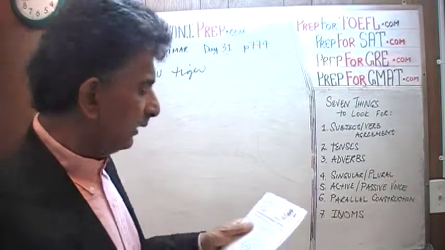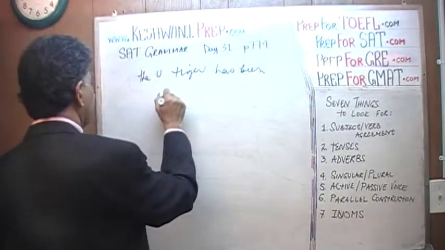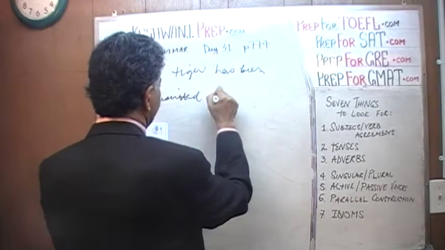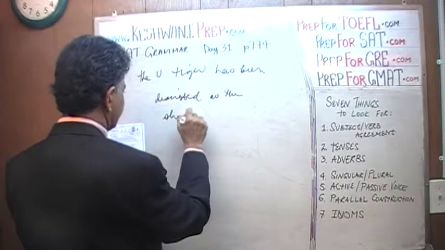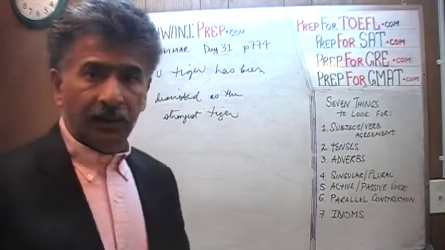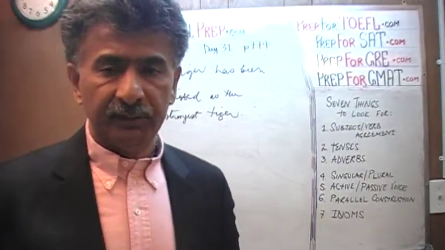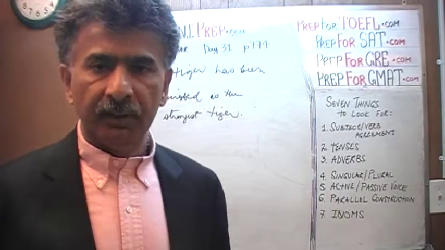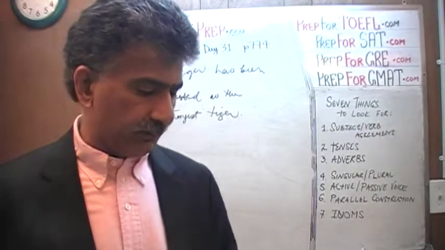The Usuri tiger has been described as the strongest tiger. Now, had that been the end of the sentence, this sentence would have been perfectly fine. There's nothing wrong with it. A certain kind of tiger is described as the strongest tiger. It's fine. So far, so good.